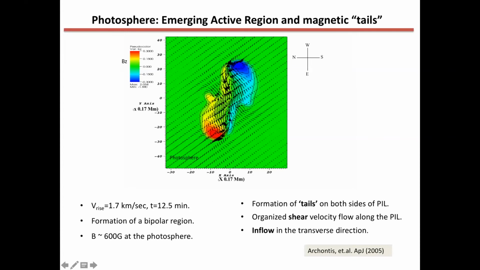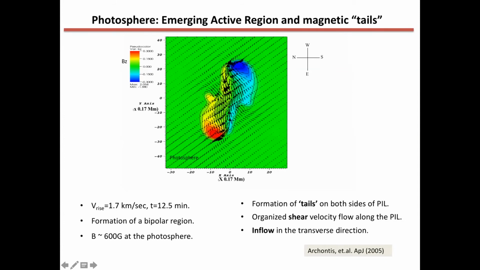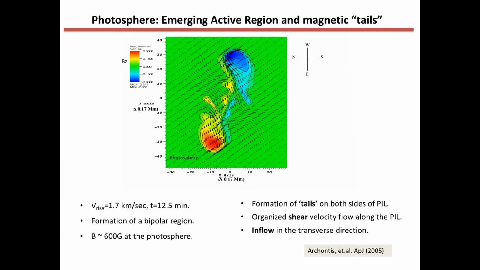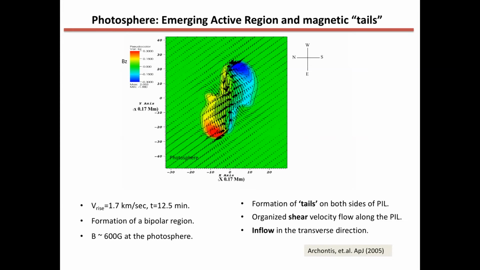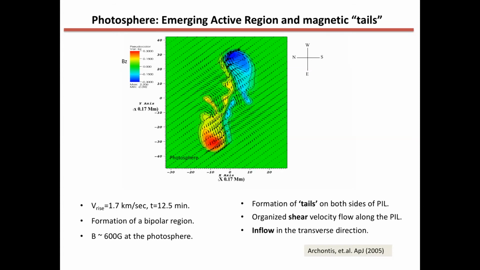So you have the 2 polarities that pull apart, but between them, there is a strong polarity inversion line. And the one thing that I would like to mention here, which is very important also to understand the eruptions in the second part of my talk, is the shearing. There's a lot of shearing and very strong shearing, okay? This is magnetically driven. It's driven by the Lorentz force, okay?